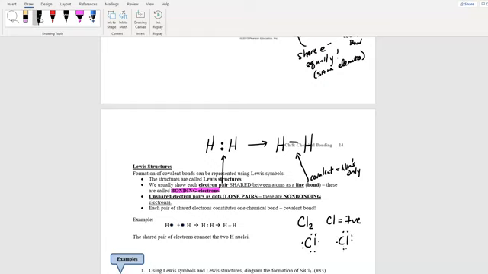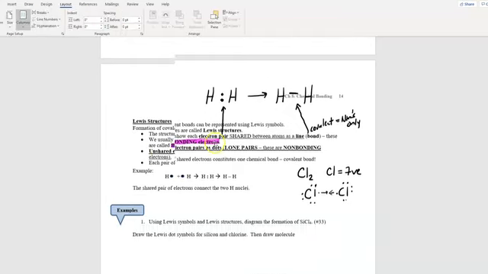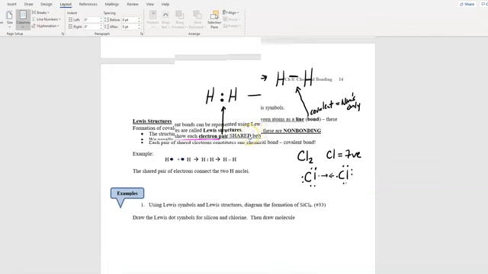When you're drawing Lewis structures and you're going to put 2 atoms together, you want to leave this electron on the inside. Over here, you want to put that electron on the opposite side. That way you see this attraction between the nucleus and the electrons coming together, and then eventually those chlorines will come together and make a bond.